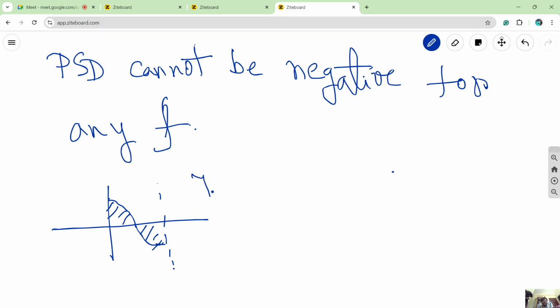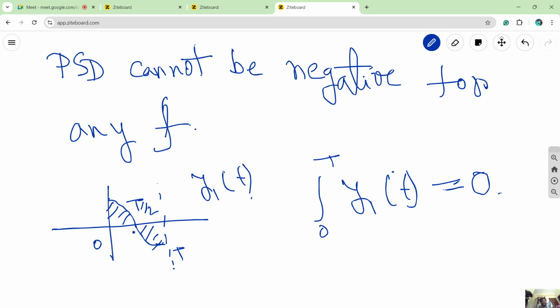Suppose this is a signal y(t), and we do an integration from 0 to T, and this is T by 2. If we calculate the integration over 0 to T of y1(t), and this is a symmetric signal with respect to T by 2, it is 0. Why?